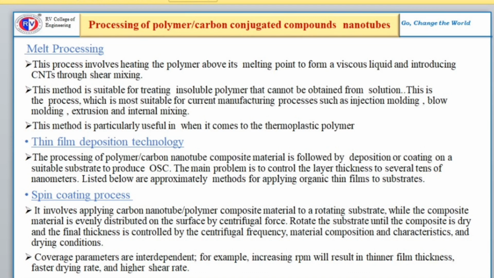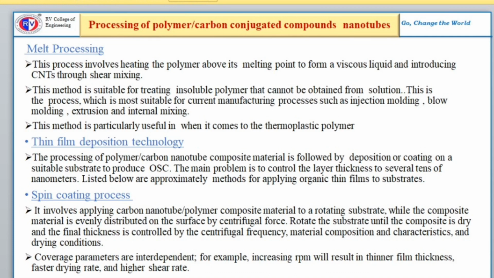The polymer nanotube composite material is followed by deposition or coating on a suitable substrate to produce OSC. So we are just giving a coat on a suitable substrate in this process. Then comes the spin coating process.